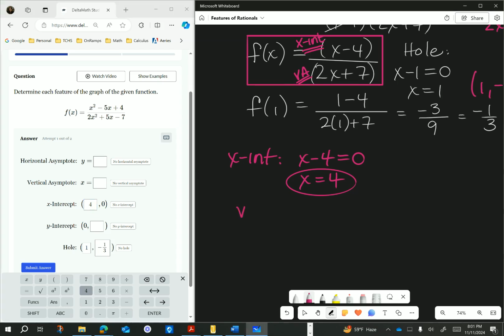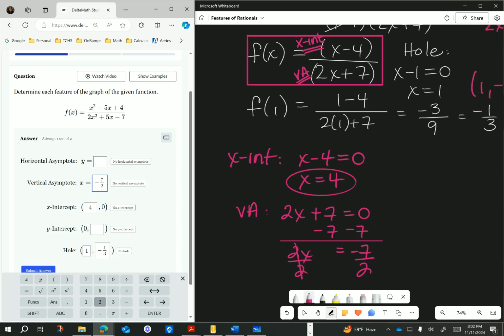And then for the vertical asymptote, I'm going to set the denominator equal to 0, solve, and end up with 2x equals -7, divide by 2. So x is going to be -7/2 for the vertical asymptote. Y-intercept.